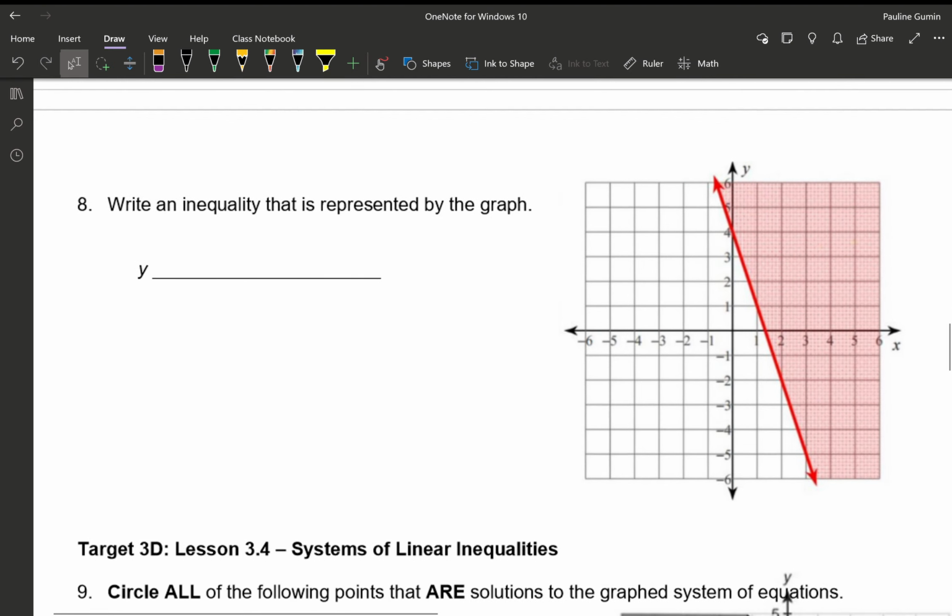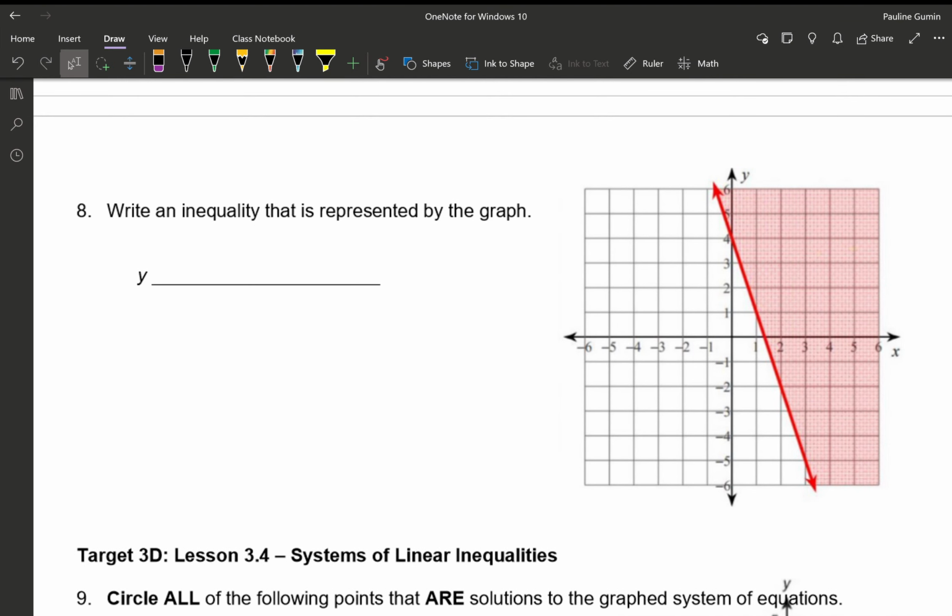All right, number 8. Write an inequality represented by the graph. So when we're writing an inequality represented by the graph, we're looking at a y, some symbol, and then mx plus b. All right, so let's check it out. First, let's decide on our symbol. This is a solid line, which means our symbol will have a solid line.